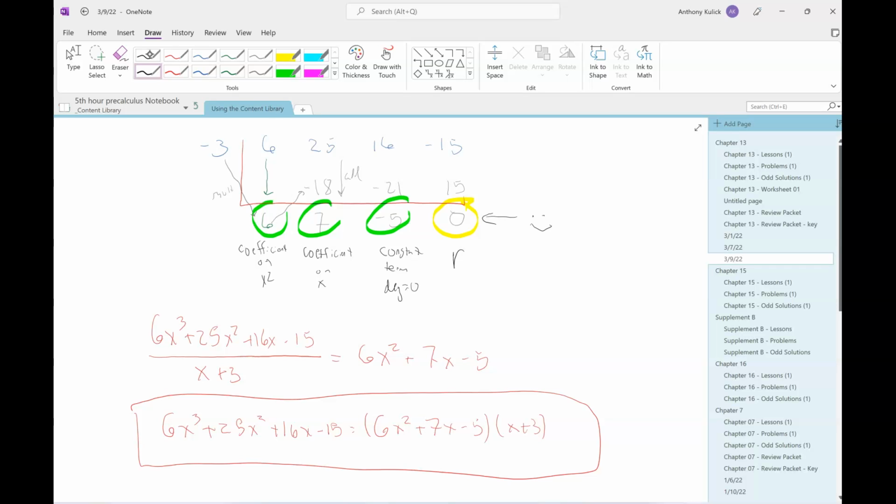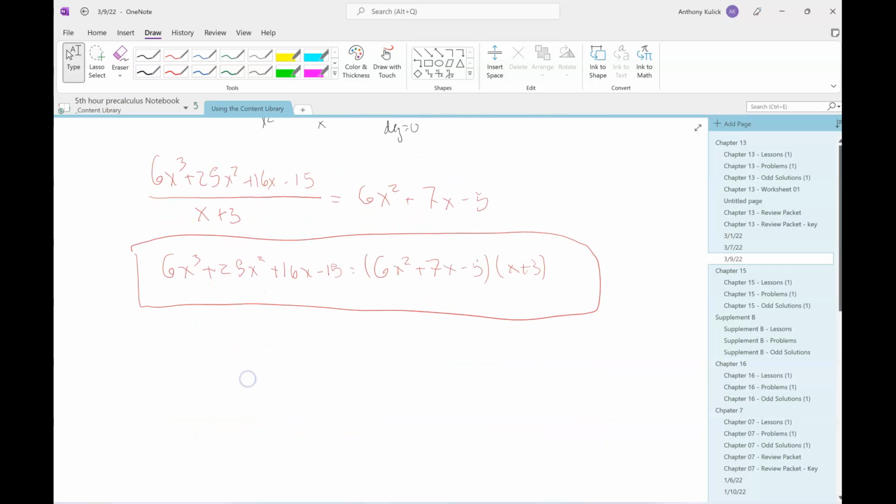Okay. I have one other thing I want to talk about. Specifically, this is going to be how we do 13 and 14 from the homework. So let's say we want to write a polynomial with the zeros of, let's say, 1, 2, and negative 3.